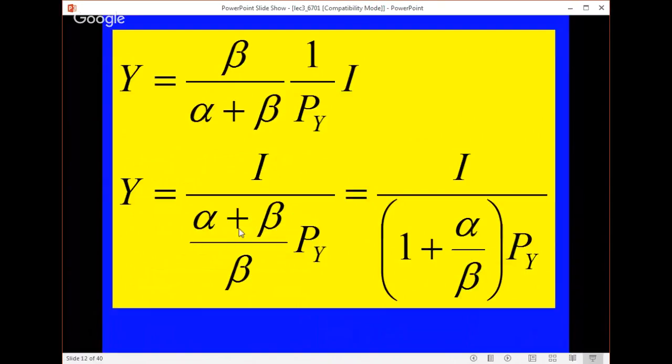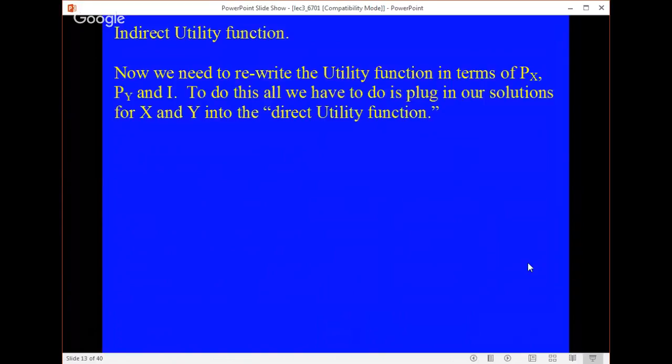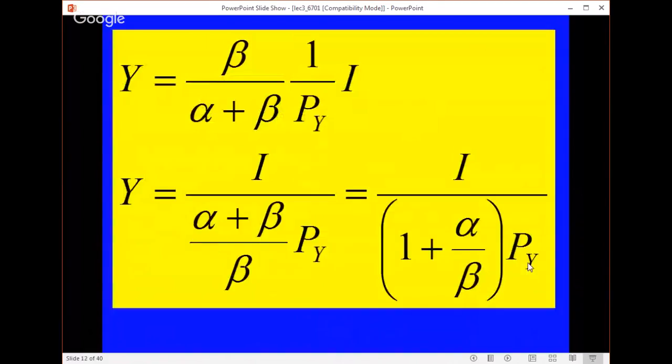So I get I times alpha plus beta over beta py, which equals I over 1 plus alpha over beta, py. If you remember, X was I over 1 plus beta over alpha, px, right? So now they're similar. Okay. So now I have my Marshallian demand for X and for Y.